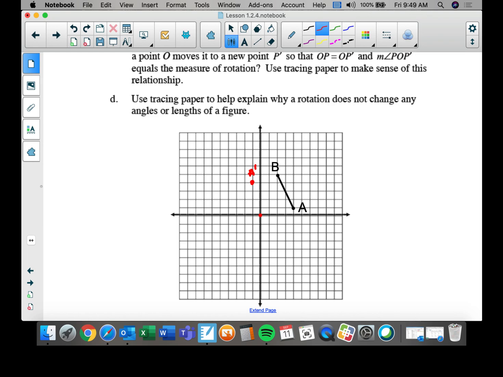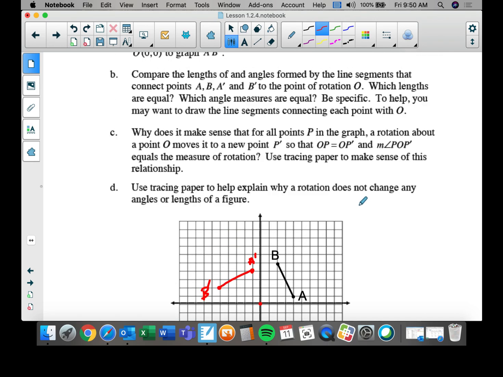B would be over here. That would be B prime. And now we can go through and draw that line segment in. So hopefully that's what you came up with as you took that line segment and rotated it around 90 degrees counterclockwise. That's what you should have ended up with for part A.